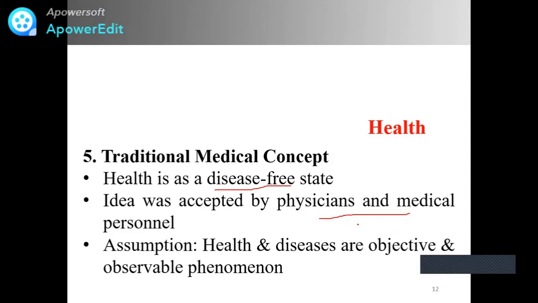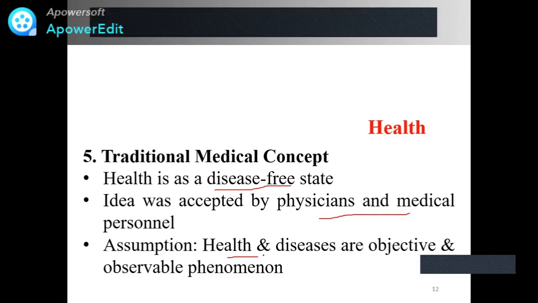The traditional medical concept of health was based on the assumption that health and disease are objective and observable phenomena. It is an observable phenomenon. When a man is sick, we can observe and count how many workers, how many humans are suffering from fever.